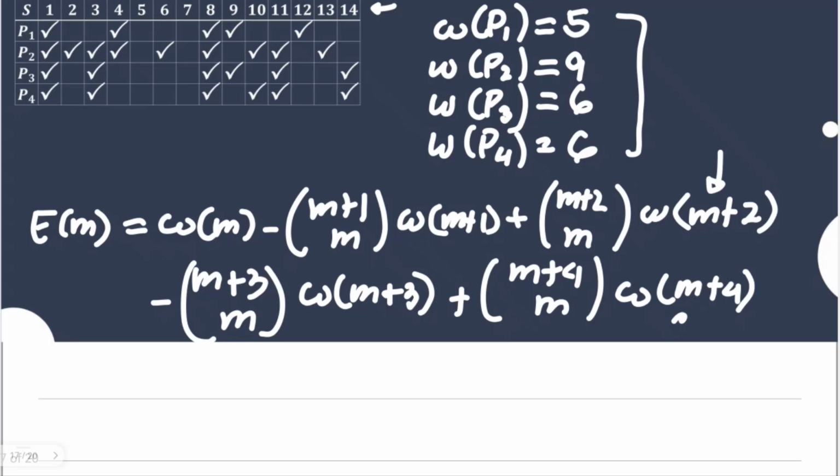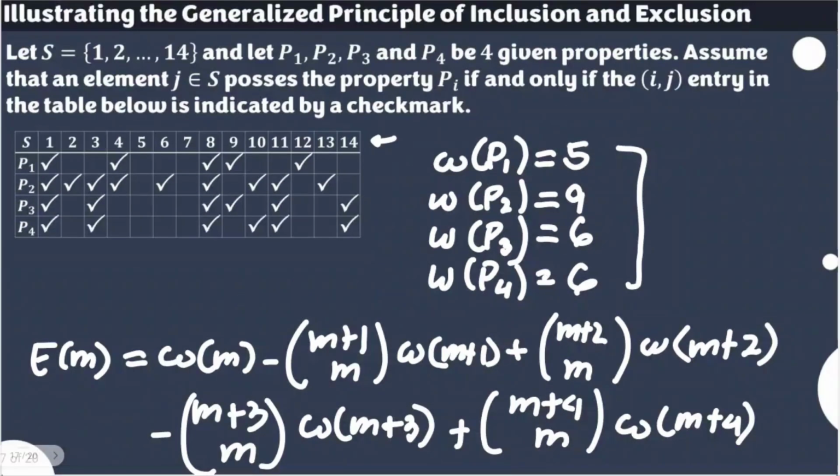So let's look at the next possibilities for our pairs. Let me have it here, the omega of P sub 1 and P sub 2. So how many elements possess both P sub 1 and P sub 2 characteristics? 1, 2, 3. There are 3 of them.